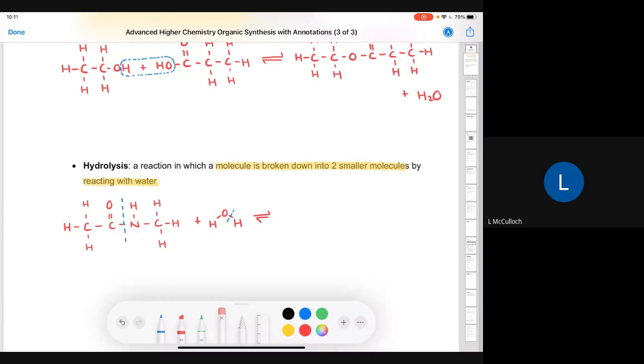So let's have a look and see what that would look like. So my C double bond O will regain that OH from the water, and then that NH will regain a hydrogen from the water to reform the amine, like so.